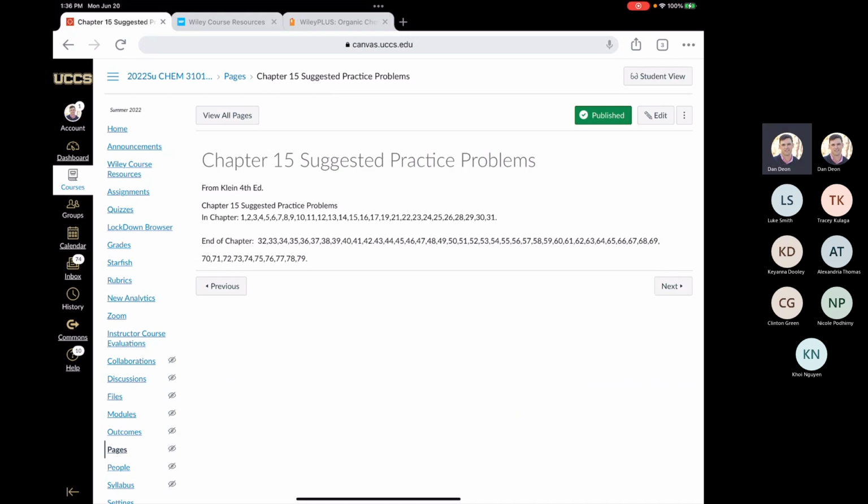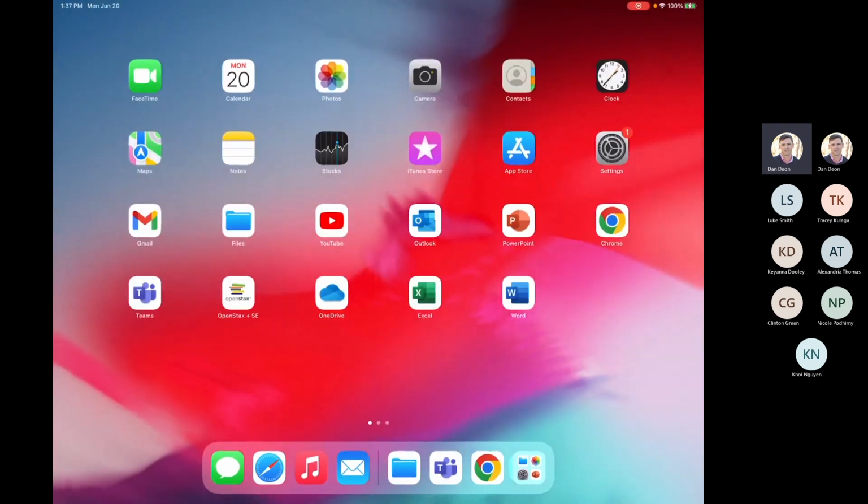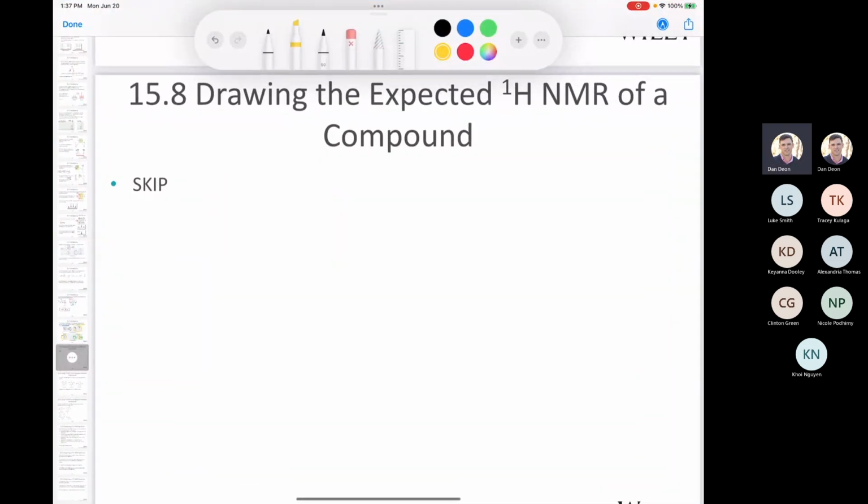Now, you might be thinking, why would you ask me to work on a problem that you're not going to ask on a quiz? Well, the rationale is this. It's great practice to try to draw a proton NMR spectrum, but it's difficult to get students to do it over a computer.